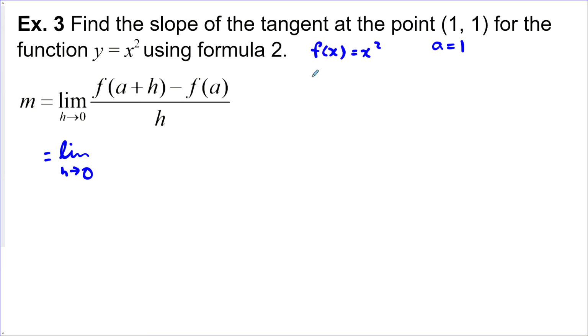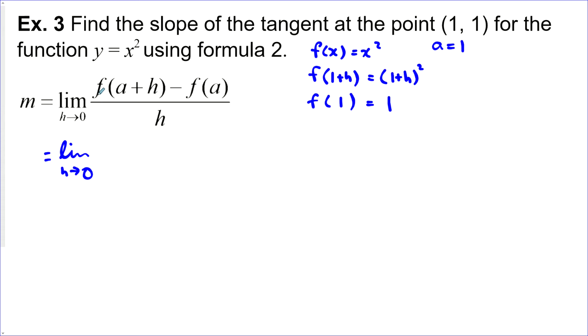We need f at 1 plus h, which will be 1 plus h squared. So we replace the x with 1 plus h. And we're going to need f at a, which is f at 1, which is just 1.